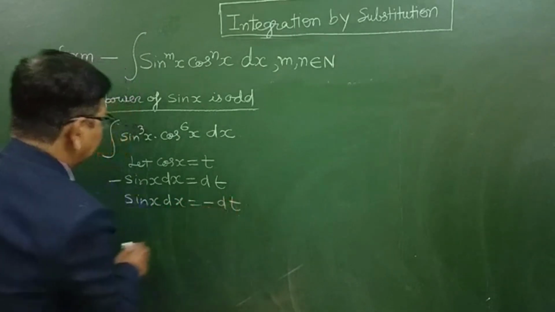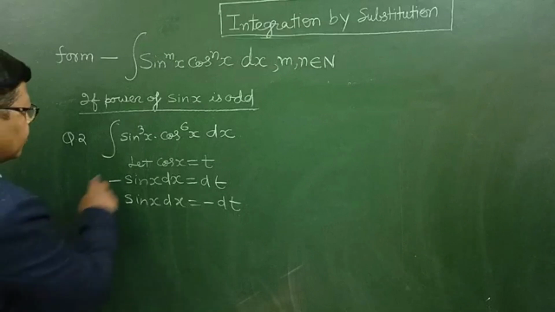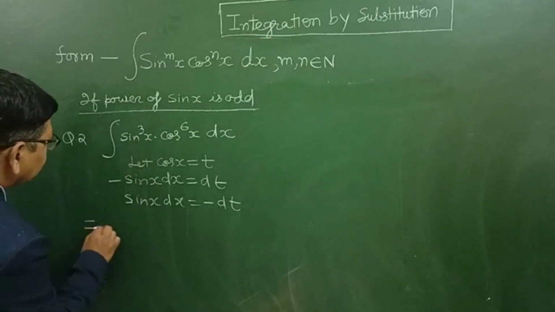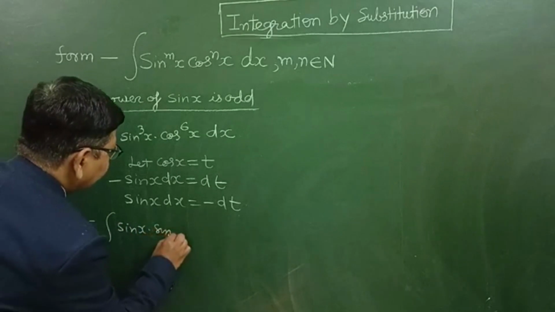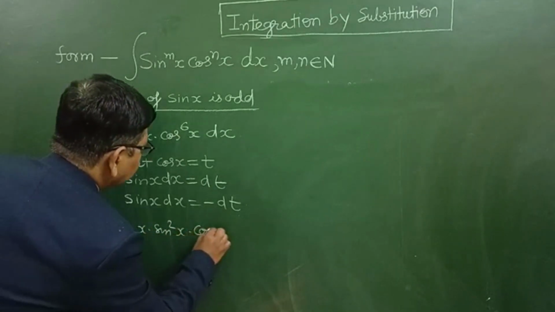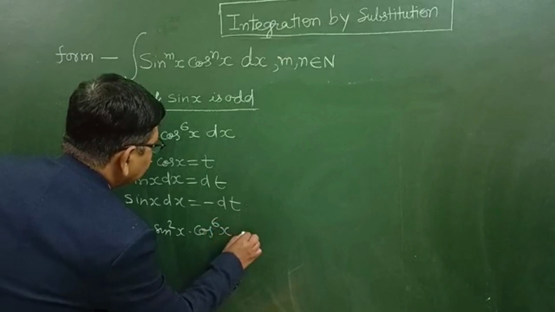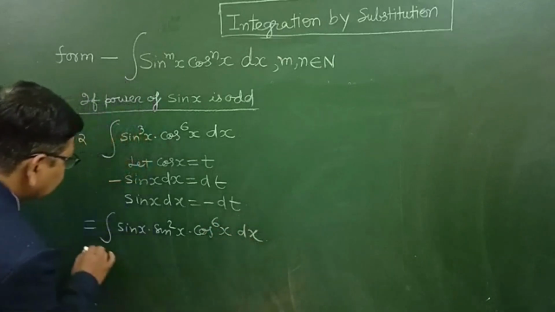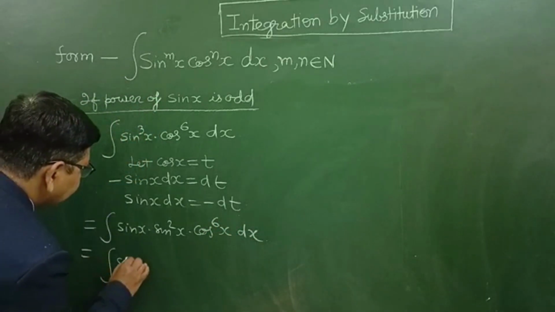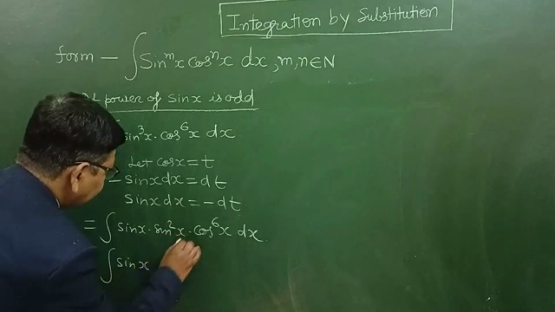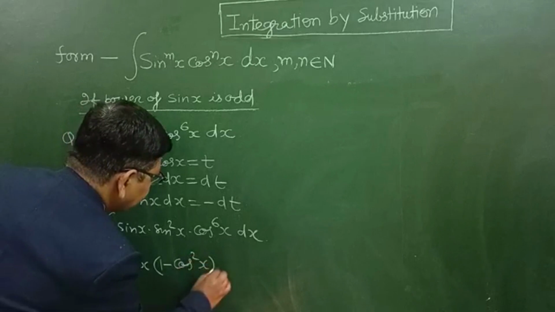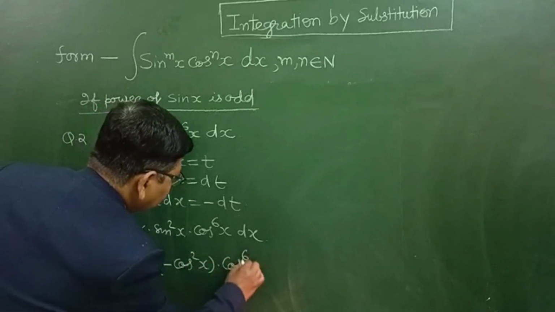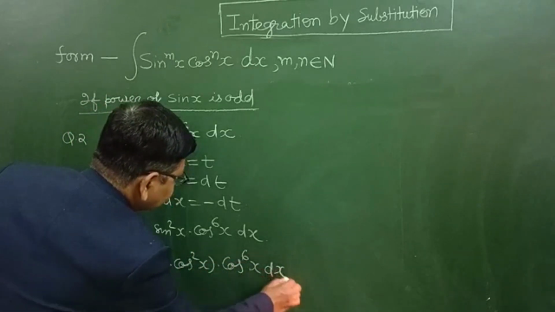Now I can write sin^3 x as sin x into sin^2 x, into cos^6 x dx, which is the integral of sin x into sin^2 x, and by the trigonometric identity this is 1 minus cos^2 x, into cos^6 x dx.